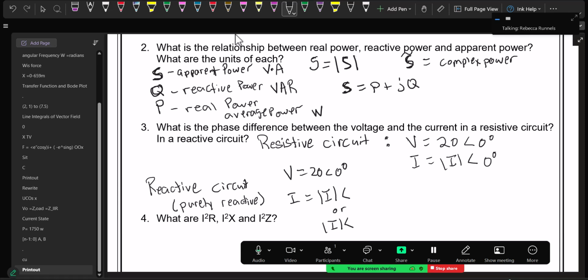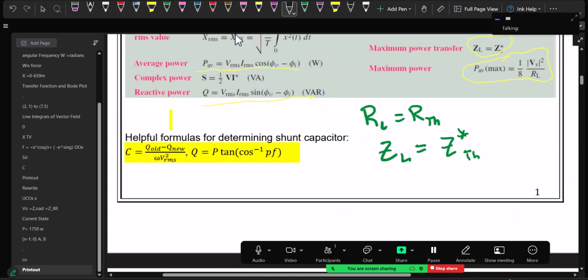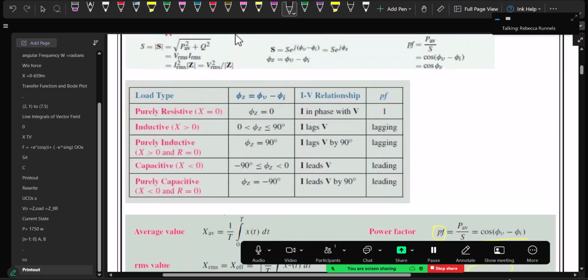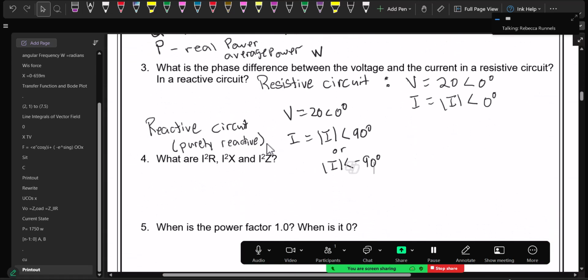What could it be? Plus or minus 90 degrees. It could be 90 degrees or minus 90 degrees. And which one would be for an inductor and which one would be for a capacitor? So if you look back here, we've got this nice chart. So capacitor would be negative and an inductor would be positive.